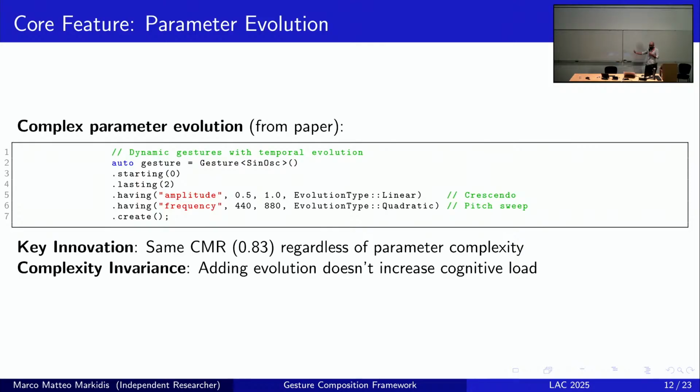And we have something similar also for the amplitude. We have a crescendo in the amplitude that starts from 0.5 in RMS and goes up to 1.